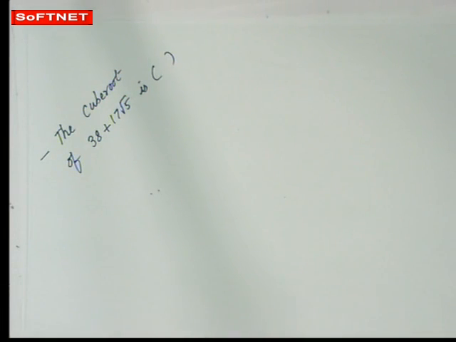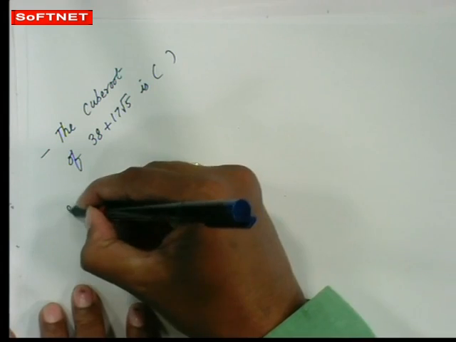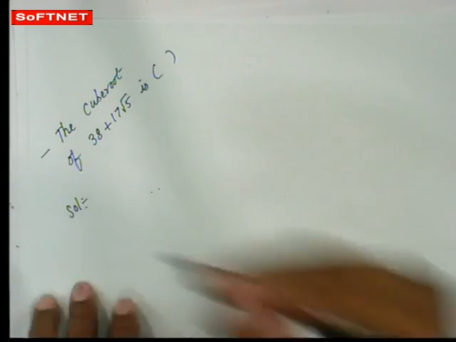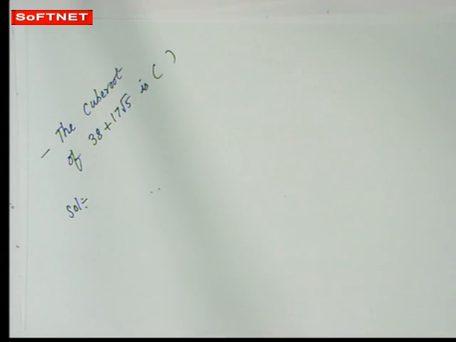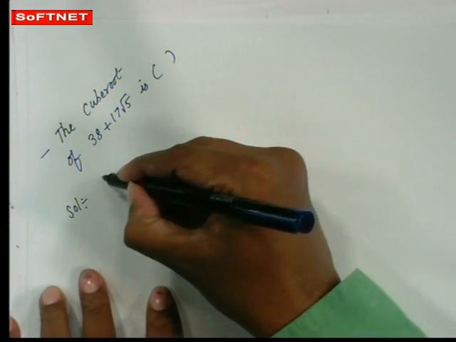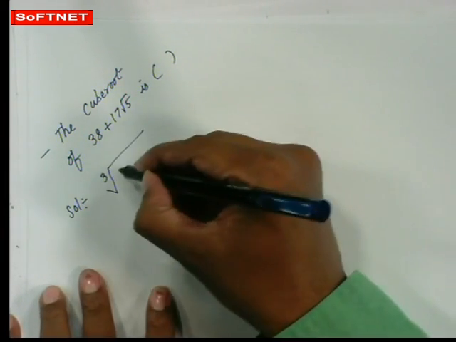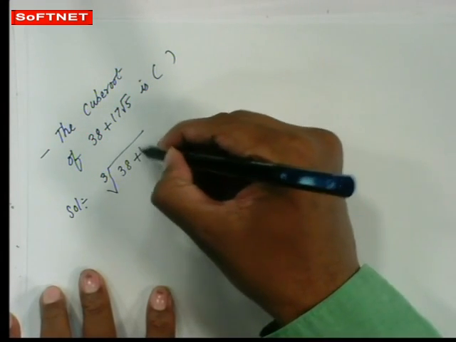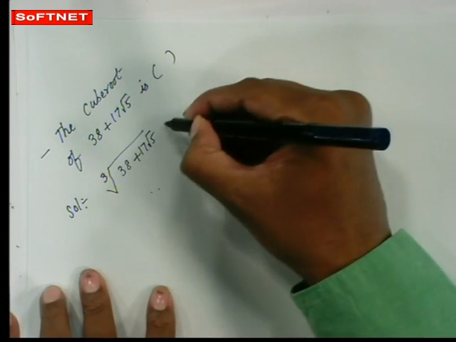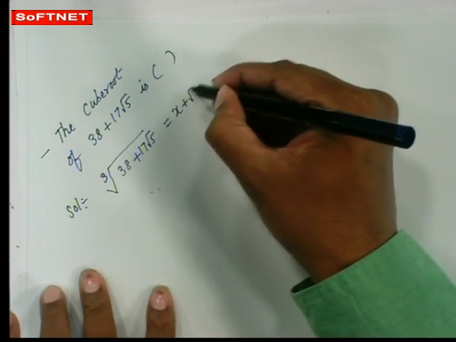Now this one also, I am doing directly. After that I will compare these three questions simultaneously for your better understanding. This cube root of 38 plus 17 root 5 is equal to x plus root y. Am I correct?